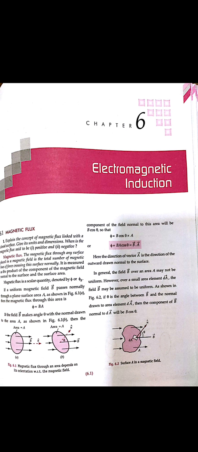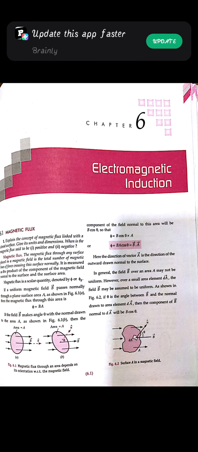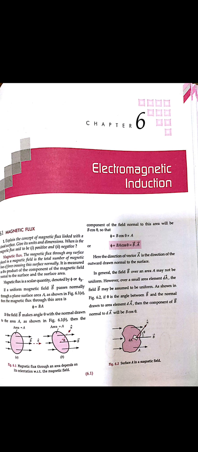So it will depend on theta, on the magnetic field, and on the area of that surface. We can give it as BA cos theta, where theta is the angle between the magnetic field B and the area element dA.